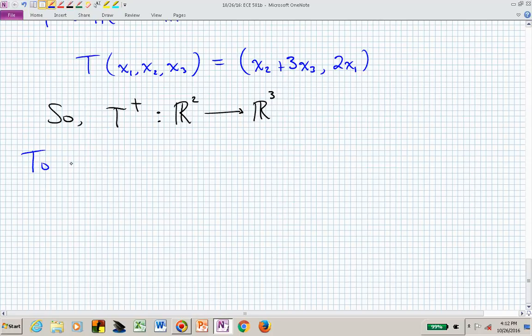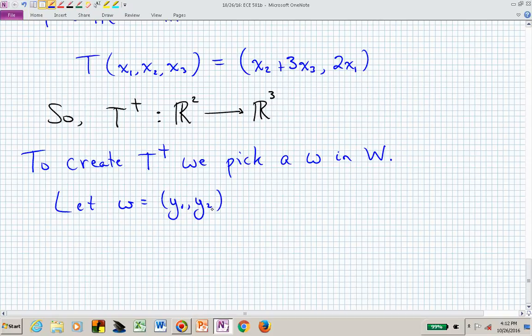To create T dagger, let's pick a vector w in the input vector space for this adjoint map, capital W. Let's let w be y1, y2.